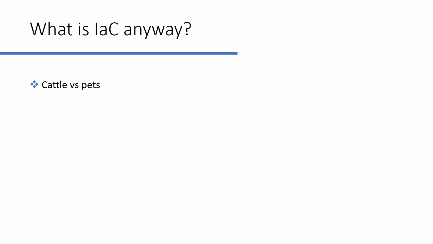We configure them, we make sure they have anything they need, and we take care of them. In the cloud world, we think of our servers more as cattle. So we use them, and once we don't need them anymore, we just kill them and recreate them as needed.